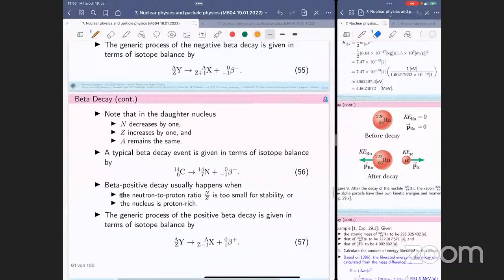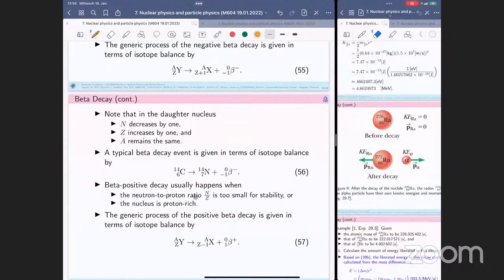But beta positive will be the opposite way. If your nucleus has too many protons, a proton has to be converted to a neutron, so that the ratio between neutron and proton will be at an appropriate value. So beta positive decay will take place when there are too few neutrons.